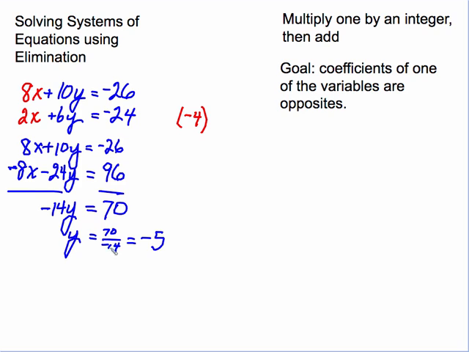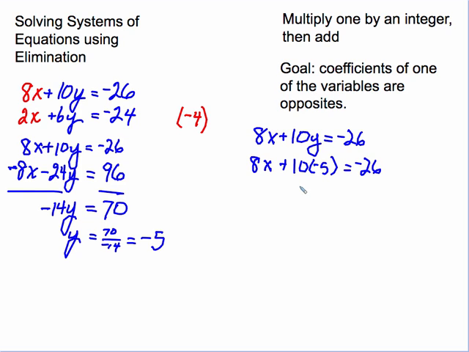Now we can find x by substituting -5 for y in one of the equations, and we'll do that with the first equation. We'll use 8x plus 10y equals -26. So we'll let y equal -5, so we have 8x plus 10 times -5 equals -26.